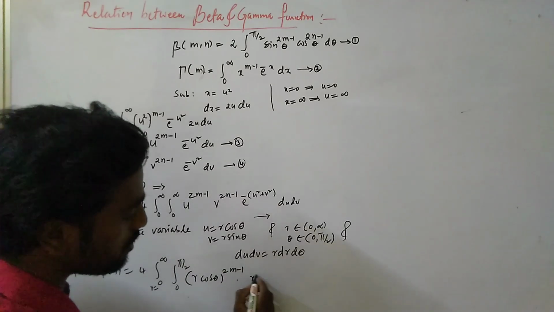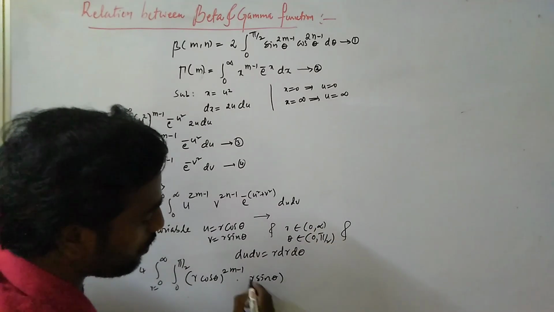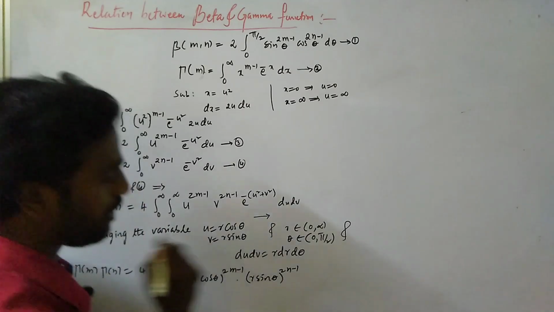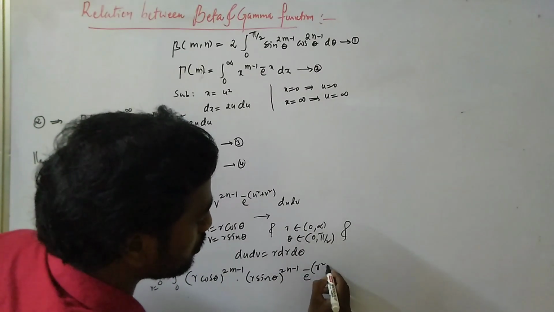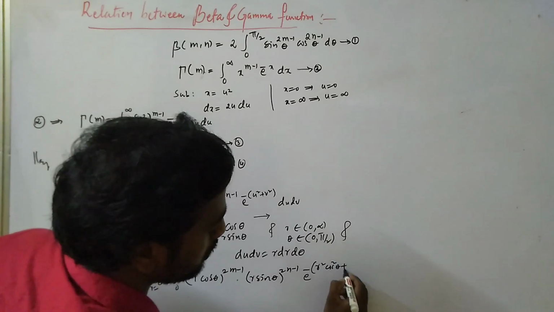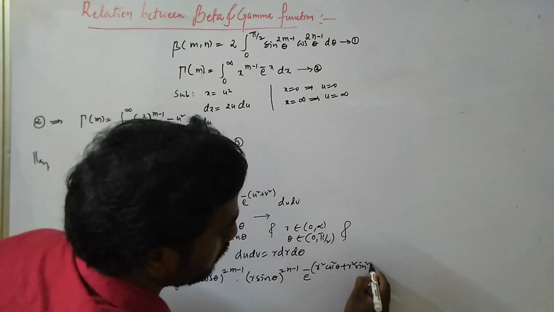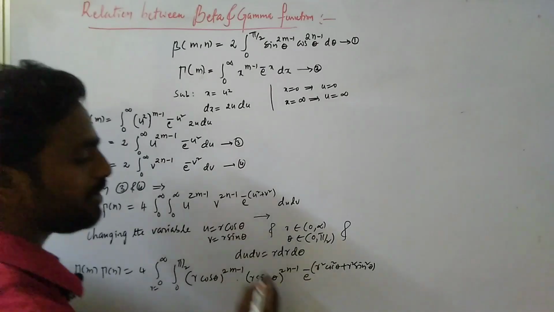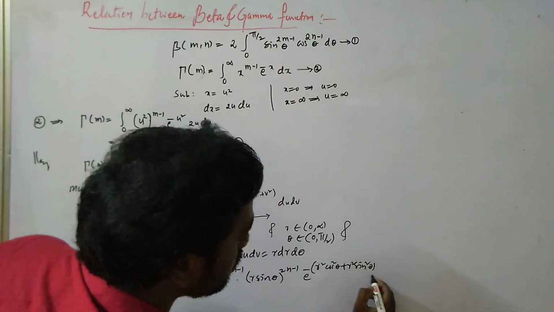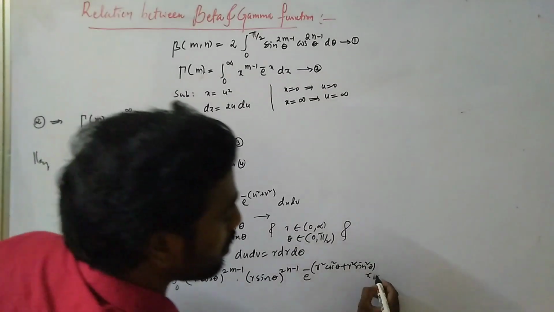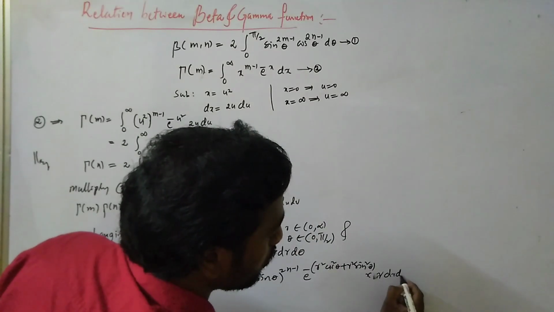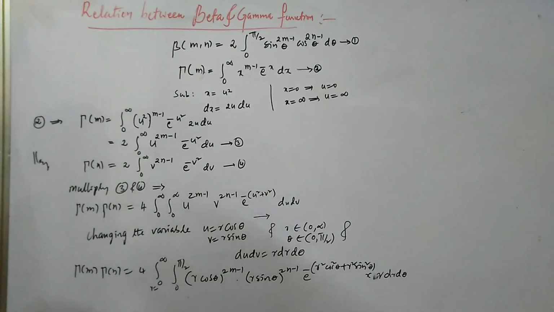Next r sin theta whole to the power of 2n minus 1. Next e to the power of minus r square cos square theta plus r square sin square theta, and du dv equal to r dr into d theta.